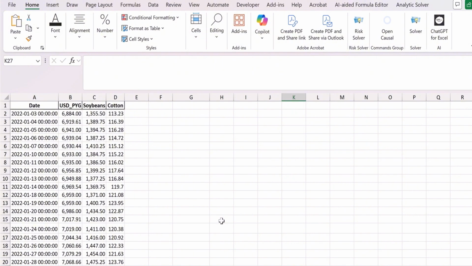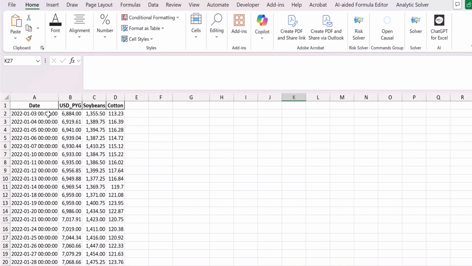Paraguay is a commodity exporting economy, and soybeans represent a major source of foreign currency inflows. As a result, movements in soybean prices can influence the supply of US dollars in the domestic market and therefore the USD PYG exchange rate.